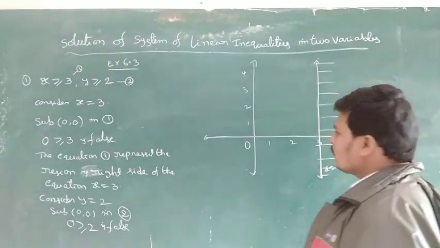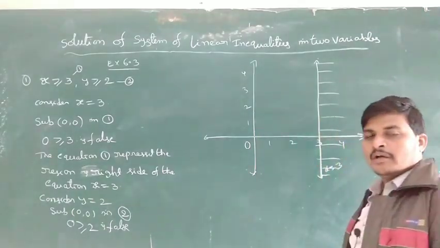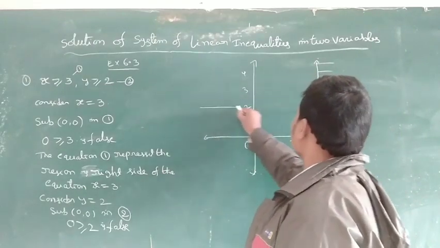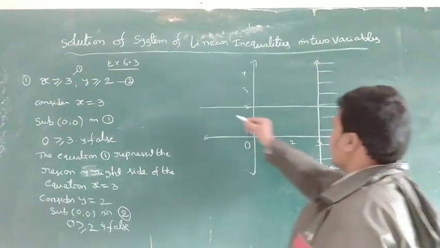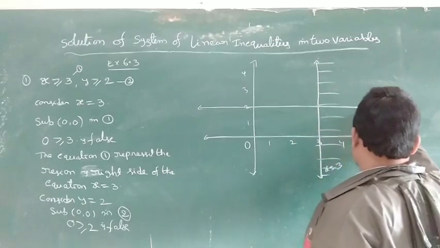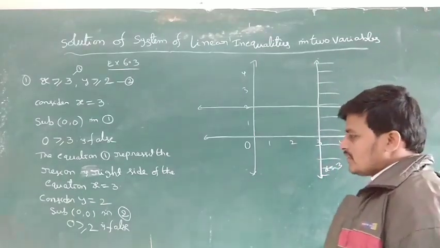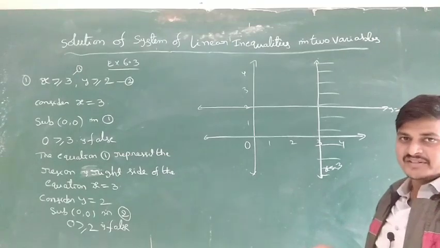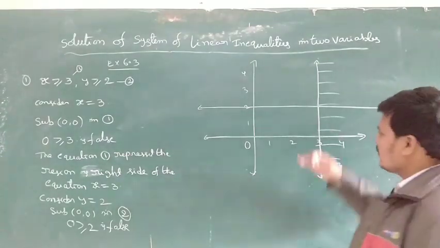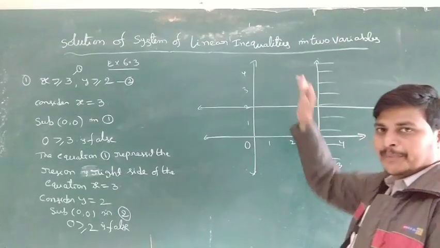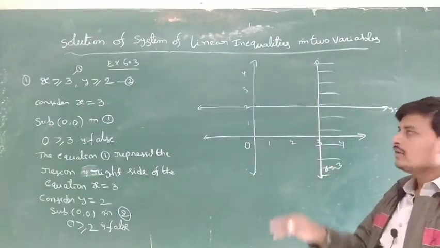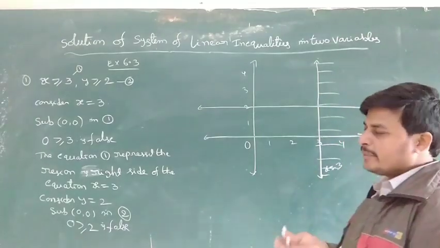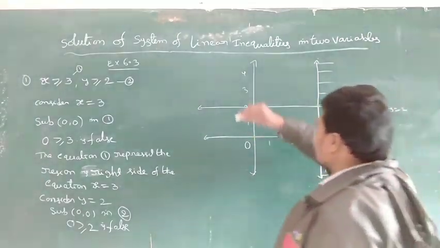So y is equal to 2 is parallel to the x-axis. False means origin side or opposite the origin side? Opposite the origin side. Below the line or above the line? Above the line, because it is opposite the origin side.